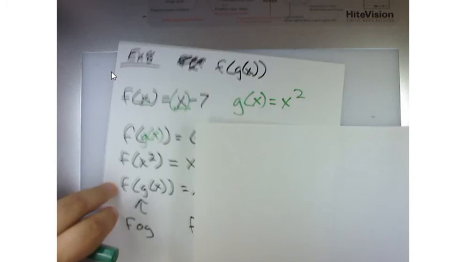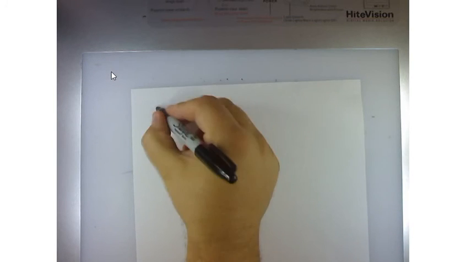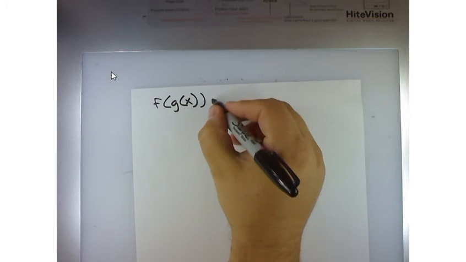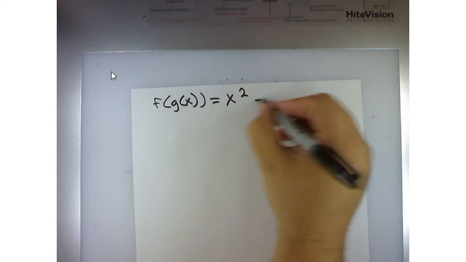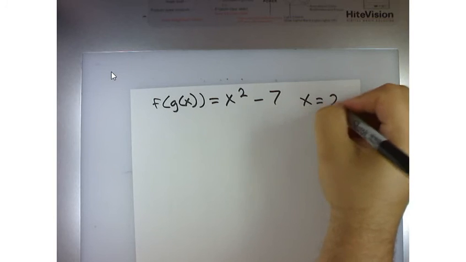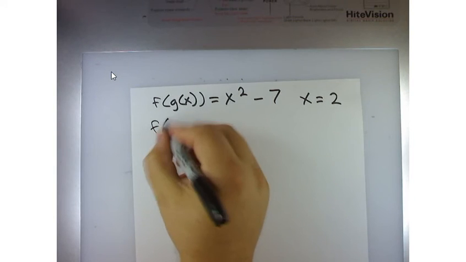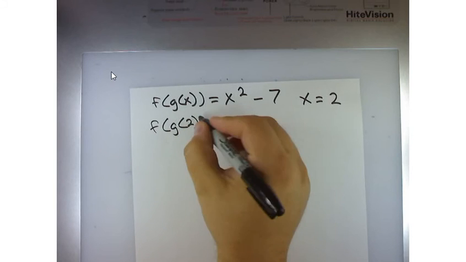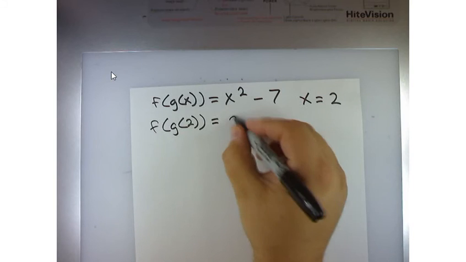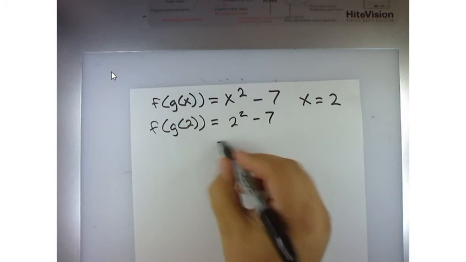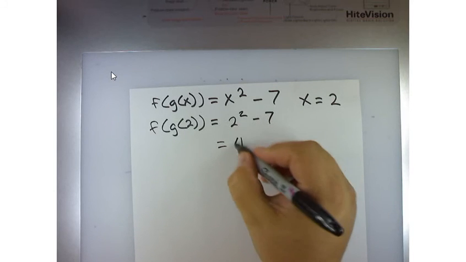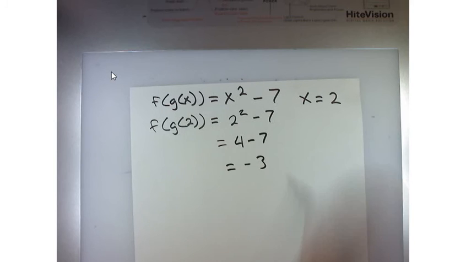So let's evaluate f of g of x, which we say is x squared minus 7, and let's let x equal 2. So then f of g of 2 is equal to 2 squared minus 7. So over here, I'm going to say 4 minus 7, which is negative 3.